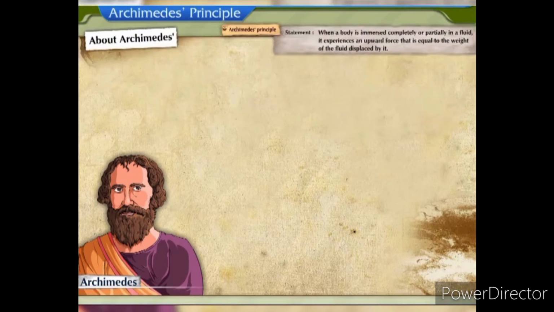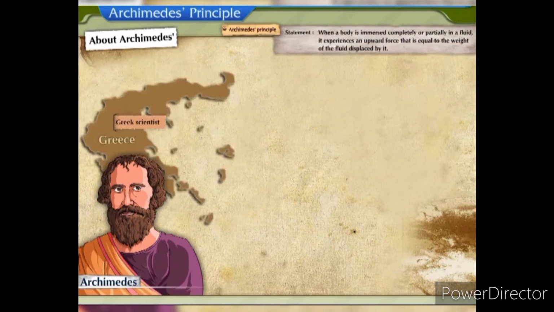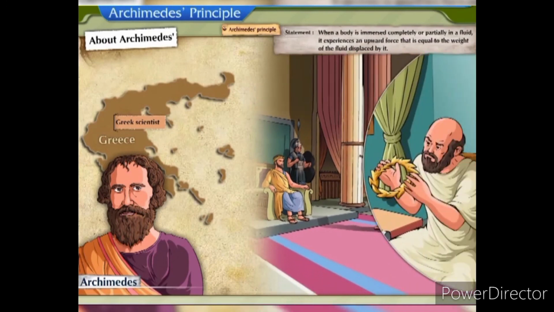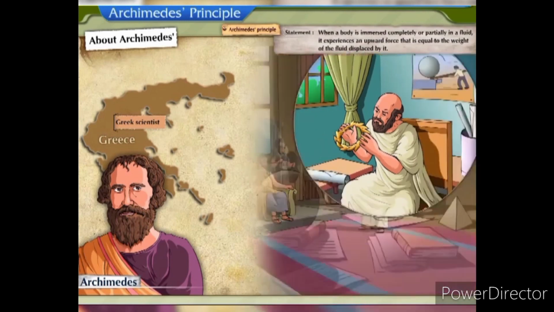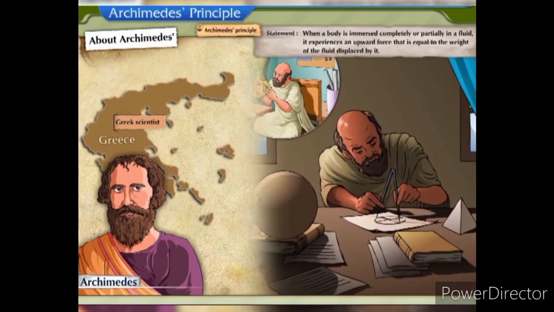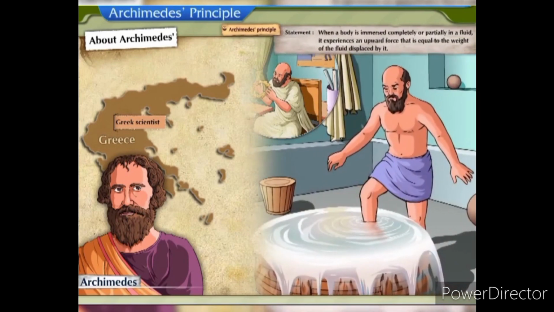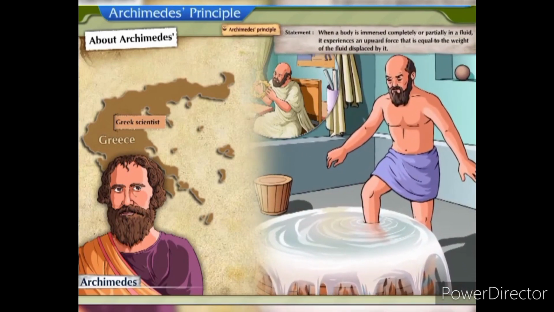About Archimedes. Archimedes was a great Greek scientist. He was assigned a job by the king to verify the purity of the gold used in the crown. He discovered the Archimedes principle after noticing that the water in a bathtub overflowed when he stepped into it.